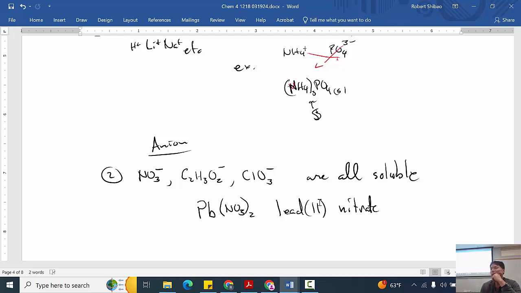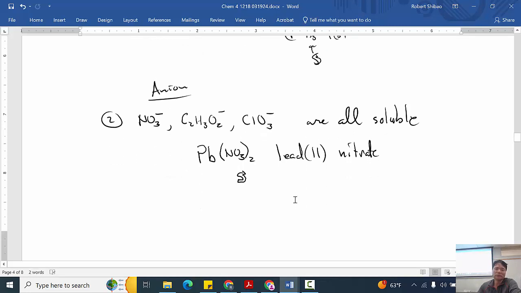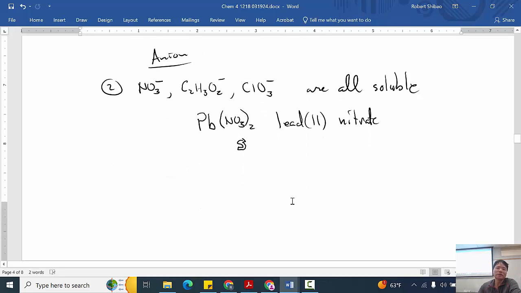Is it soluble? Yes? Yeah. All nitrate salts are soluble. It doesn't matter what the cation is. Blank nitrate, blank nitrate, they're all soluble. Same thing with acetates and chlorates. These are rules. There are exceptions to the rules, which we aren't going to talk about yet. Rule 3.